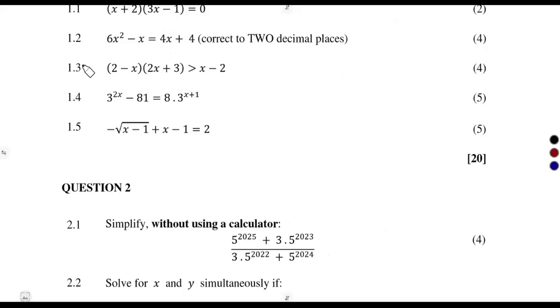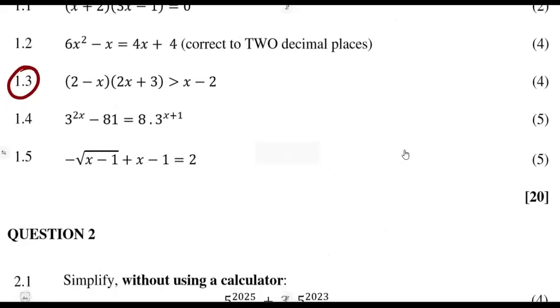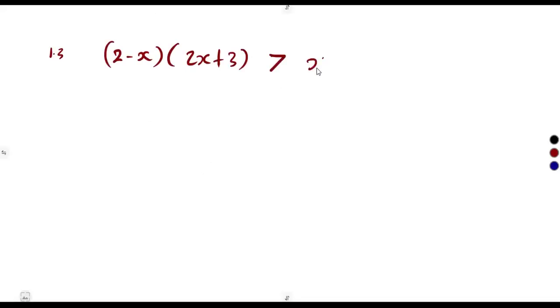All right. 1.3, again, we are solving for x, but now we've got an inequality there to consider. Let me take this one aside so that we properly see our question here. So that was 1.3. 2 minus x into 2x plus 3, like this. It is greater than x minus 2.